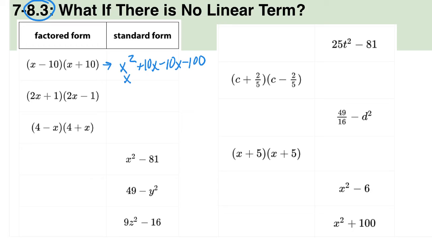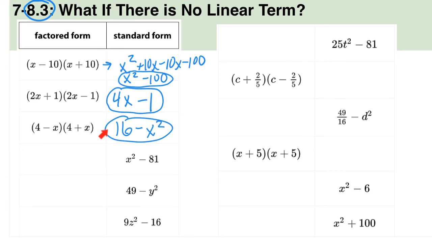And if I simplify that, I just get x squared minus 100, because those middle terms end up being 0. And that's okay. You can have a quadratic that just looks like that. What we're working on here is to see a pattern that we can use to make factoring easier when there is no middle term. Okay, multiply out these next two and start again when you're ready.